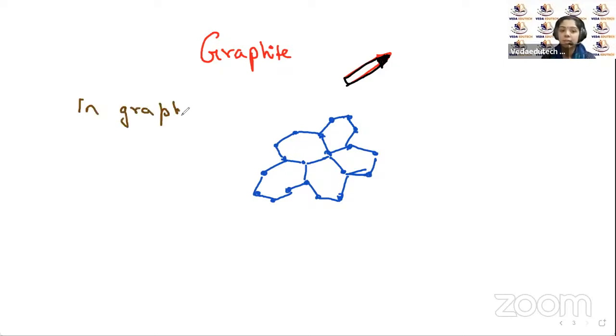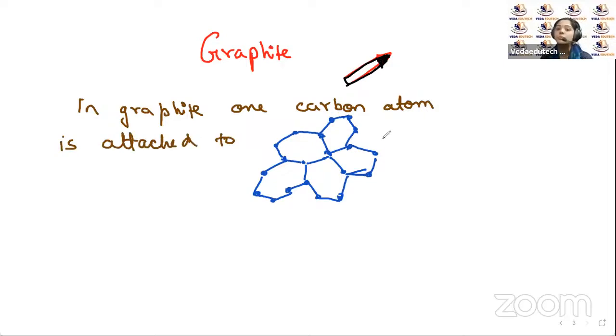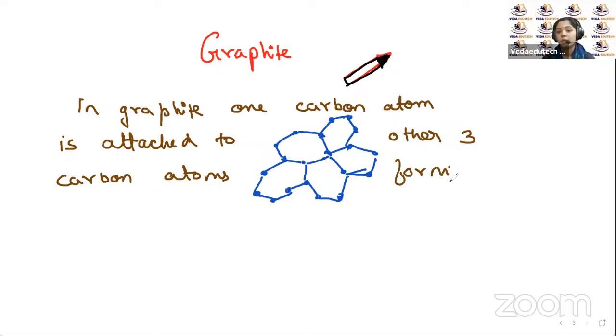In graphite, one carbon atom is attached to other 3 carbon atoms, forming a hexagonal array.